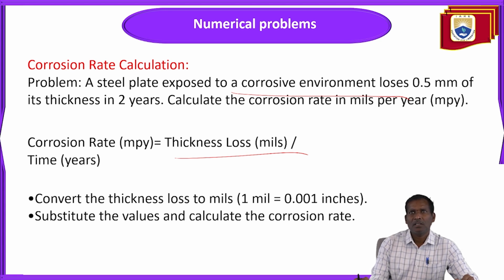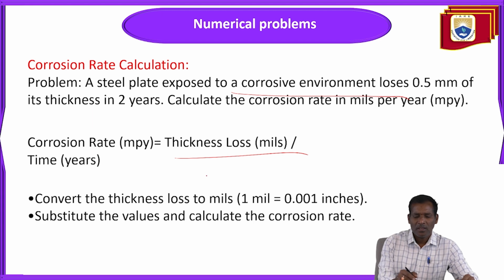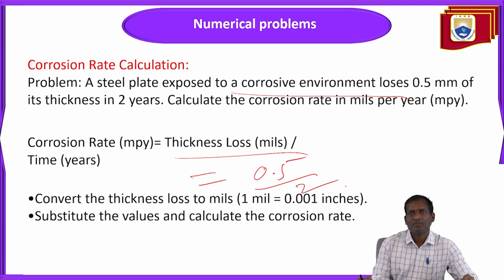The corrosive environment loses 0.5 thickness in 2 years, and the corrosion rate is asked. So the thickness loss 0.5 divided by 2 years. This is the corrosion rate calculation in MPY. So this one is 0.25.